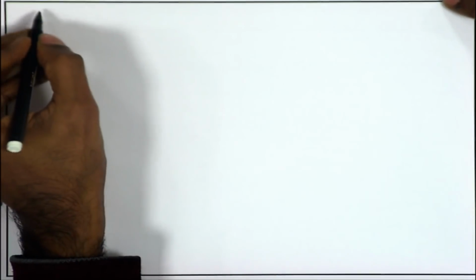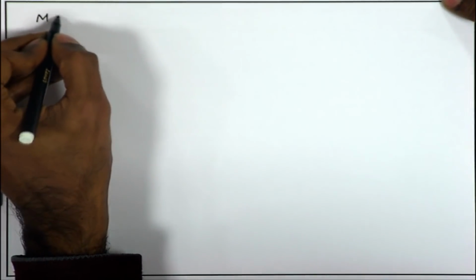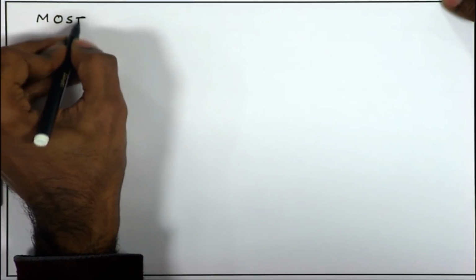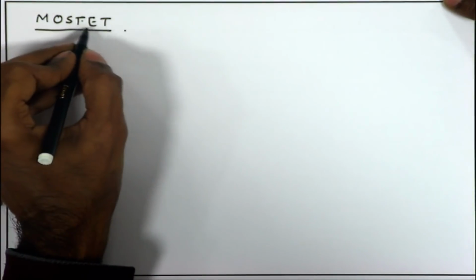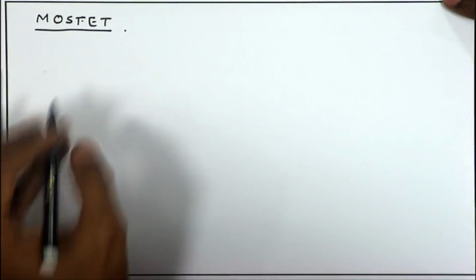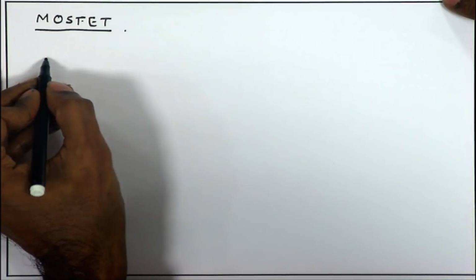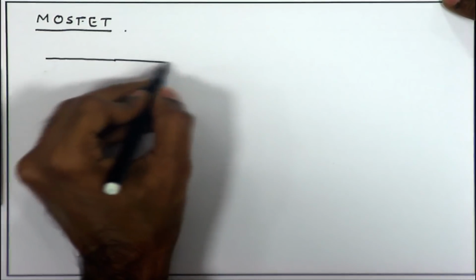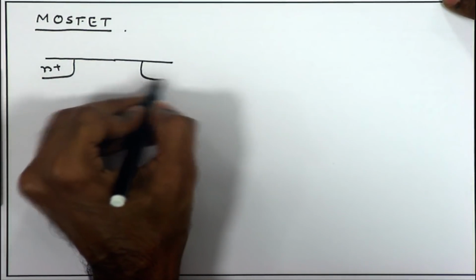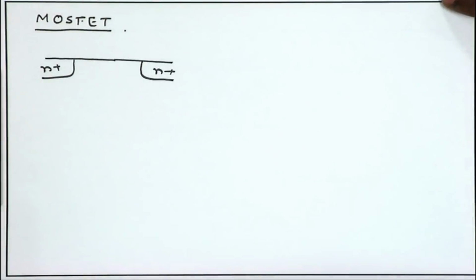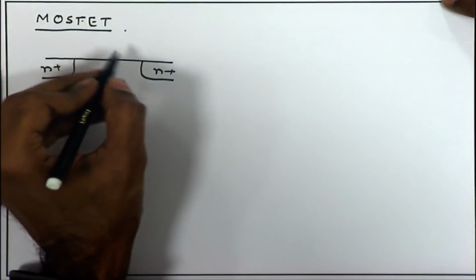So, as we said, the fundamental device which has facilitated proliferation of this technology is the MOSFET, metal oxide semiconductor field effect transistor. And we are all familiar with the basic current equations. Of course, we cannot go too deep into physics. We are just going to start from the current equations and from there go towards the large signal and small signal characteristics.